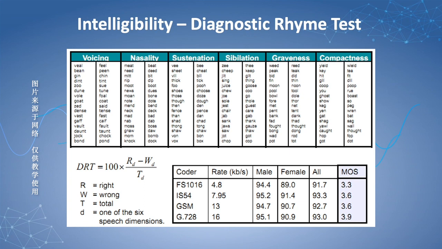It is generally considered that when the DRT is above 95%, the understanding of the sentence is excellent. 85% to 94% is good. 75% to 84% is medium. 65% to 75% is poor. And 65% or less is unacceptable.